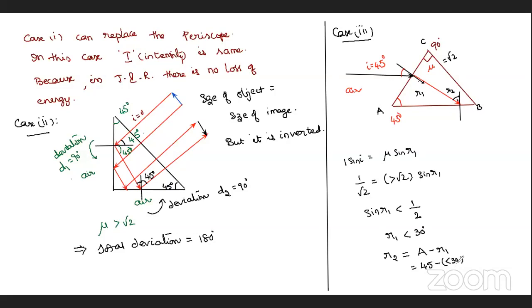Actually, you will get 15. So you will get more than 15 or less than 15? More than. That implies R2 is greater than 15 degrees.